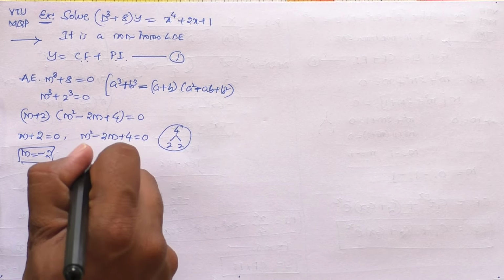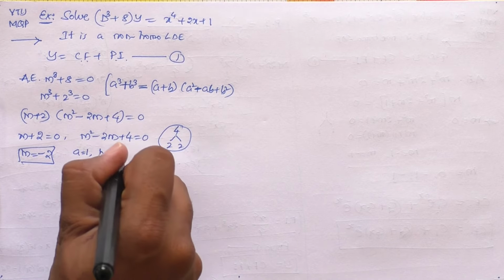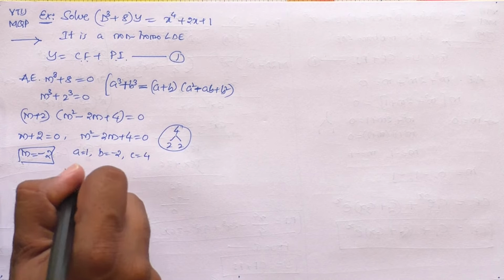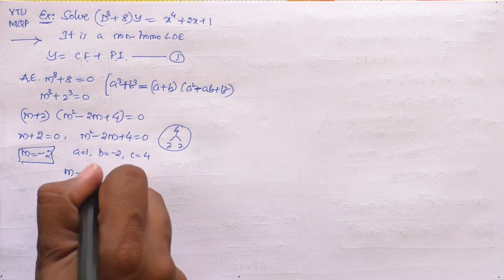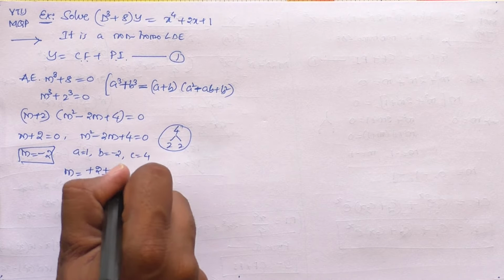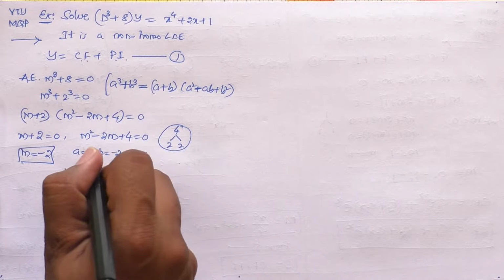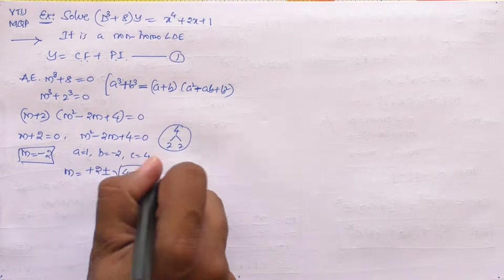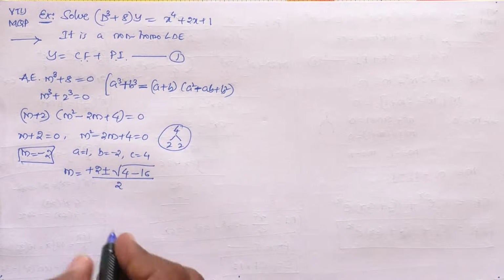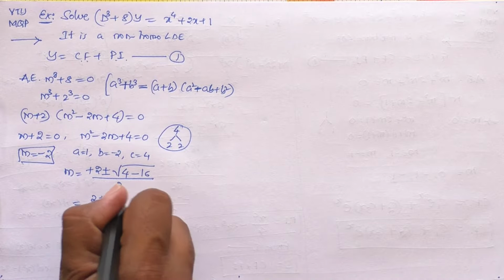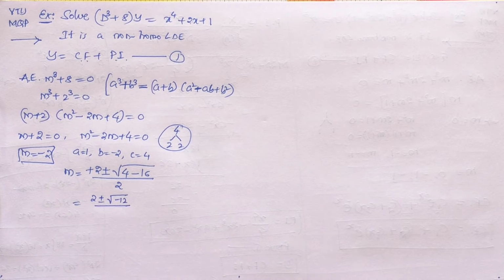So go for Sridhar's formula, where a is 1, b is minus 2, c is 4. m equal to minus b plus or minus square root of b square minus 4ac, over 2a. Minus of minus 2 is 2, plus or minus square root of 4 minus 4 into 1 into 4, that is 16, divided by 2 into 1. So 2 plus or minus square root of minus 12 divided by 2.